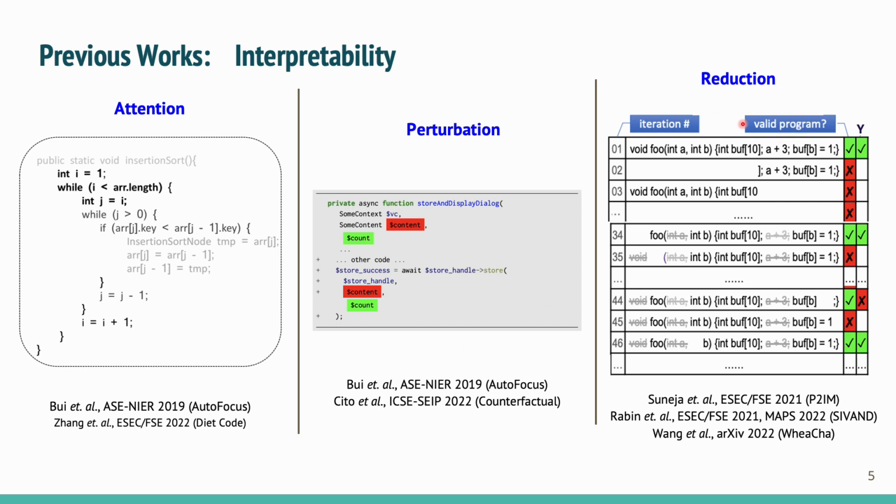Therefore, the reduction-based approach has become familiar for identifying important tokens that relate to the model's prediction. Unlike other approaches, this approach does not require access to the model's parameters or expert knowledge. It only prunes the input step by step and observes the output of the model. We will base our experiment on this reduction-based technique and will discuss it in detail in the following slides.